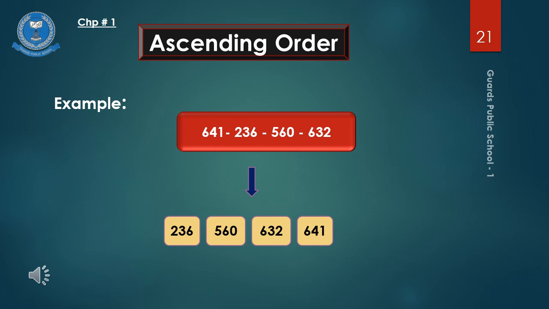Which is the smallest tens number between 641 and 632? Very good, it's 3 in 632. So we write 632 in third place and the last bigger number is 641. Numbers in ascending order can be written like this: 236, 560, 632 and 641.